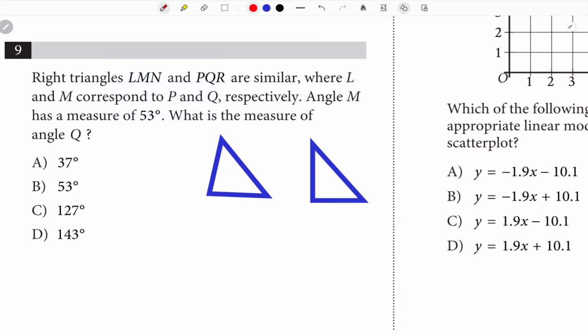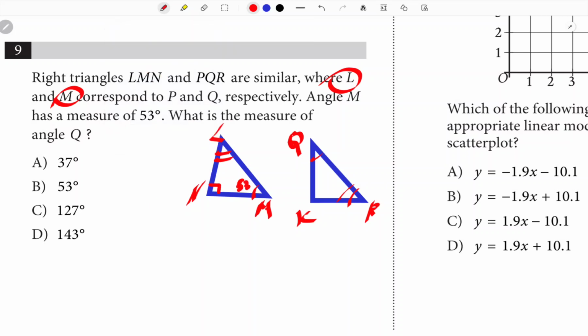You can see here L, M, N, P, Q, R. L, M corresponds to P, Q. And angle M is equal to 53.